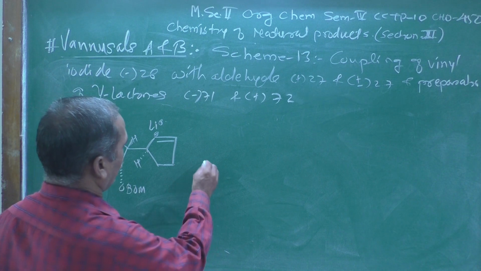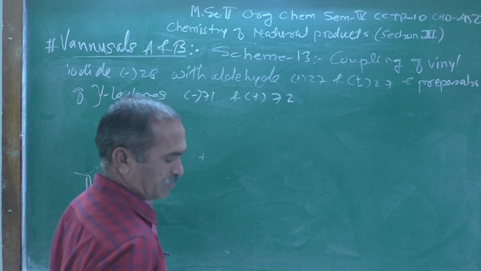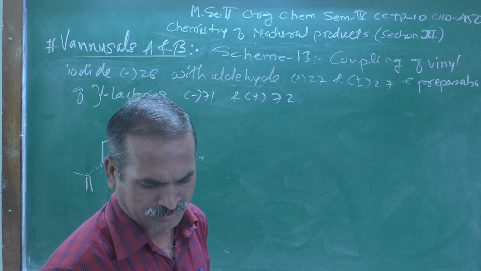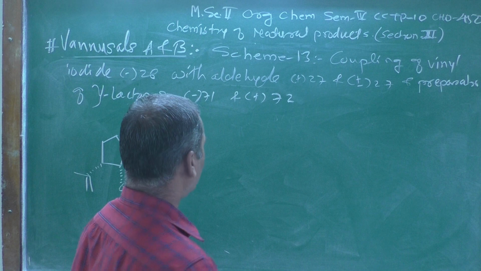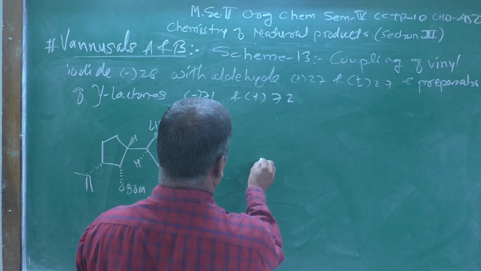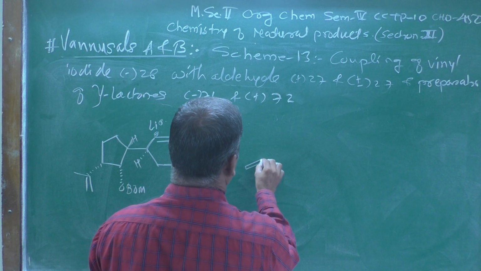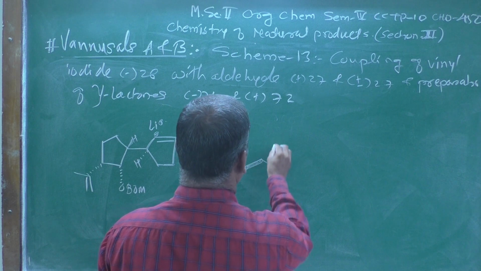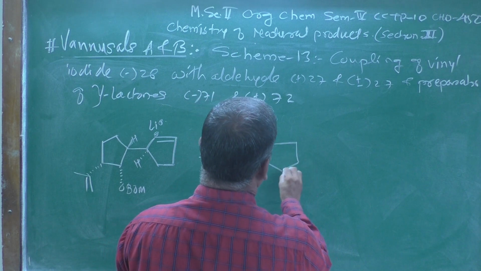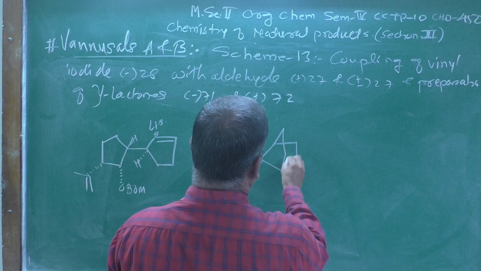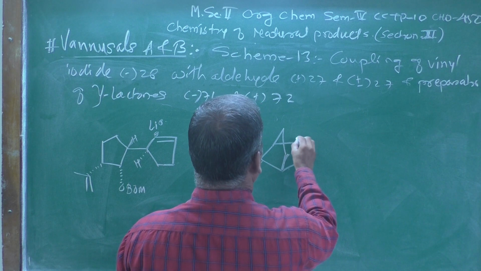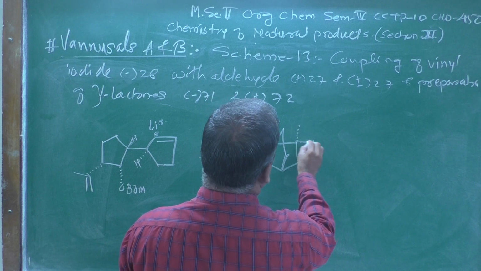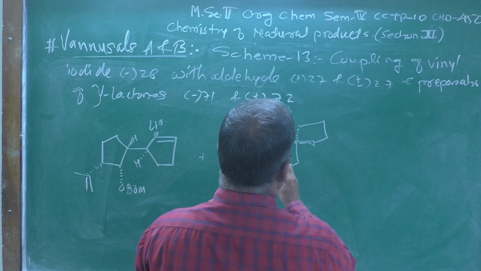And after that, the structure I am showing over here. This is the structure which I am going to represent over here. This one is a 5-membered ring. See the structure once again carefully.